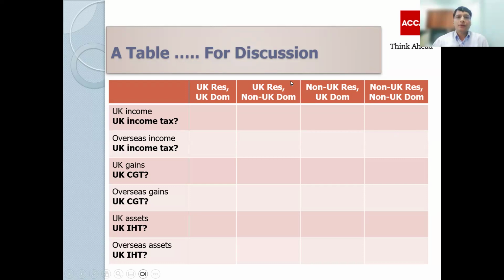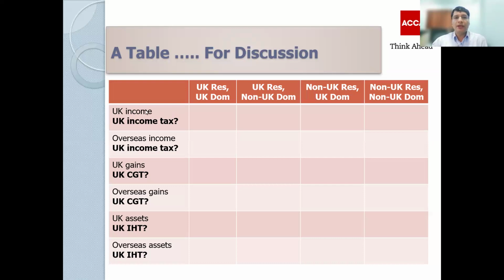Okay, no worries. The first thing is, if someone is UK resident, forget the domicile for now, all their income is liable to UK income tax. So I'll begin with this one again. UK income is liable for UK resident, UK non-resident as well.